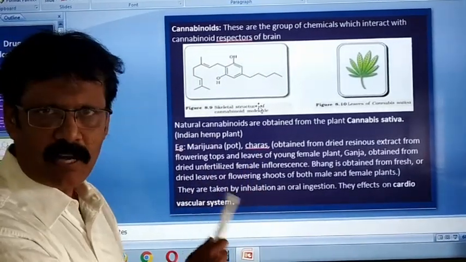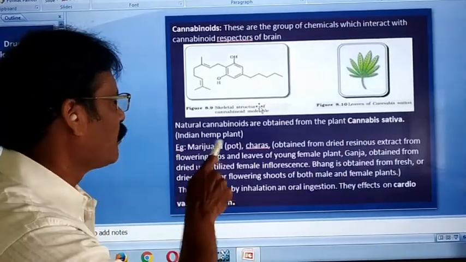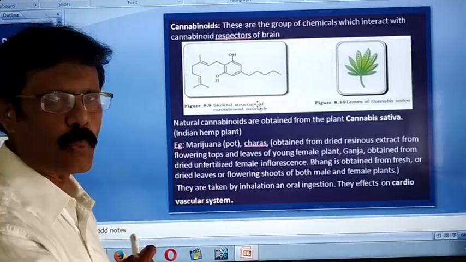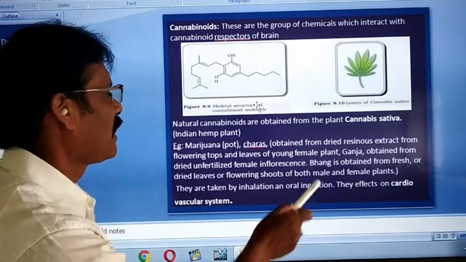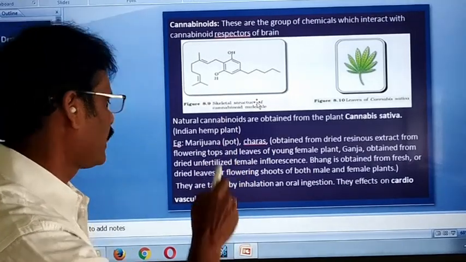Examples: marijuana, charas, ganja, bhang. These are the examples for cannabinoids.